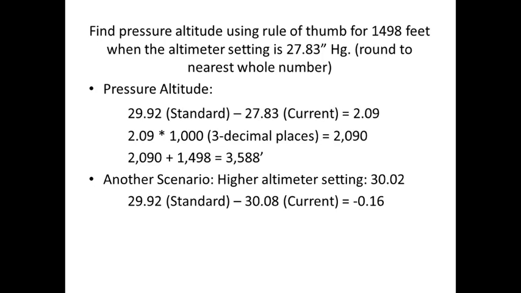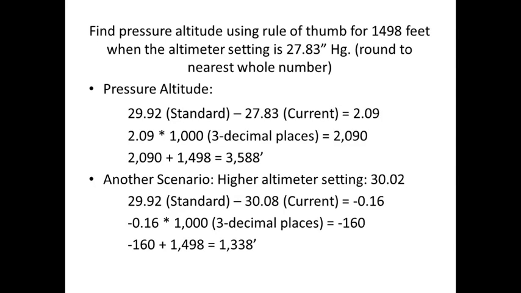That gives you a difference of negative 0.16. Okay? Again, same thing. Multiply that times 1,000, or move the decimal place 3 places. You end up with negative 160. And so you take that negative 160, subtract it from, or add to whatever you want to call it, but in reality you'll end up with a lower airport elevation because you have a higher pressure, higher performance, lower altitude.